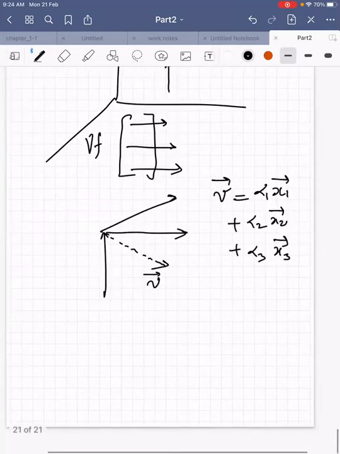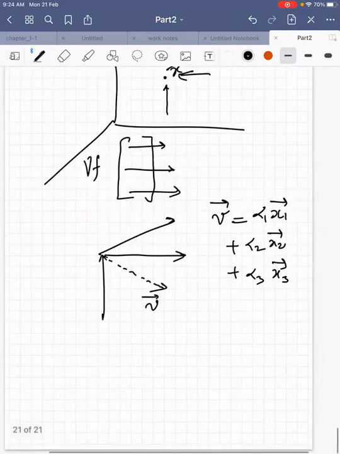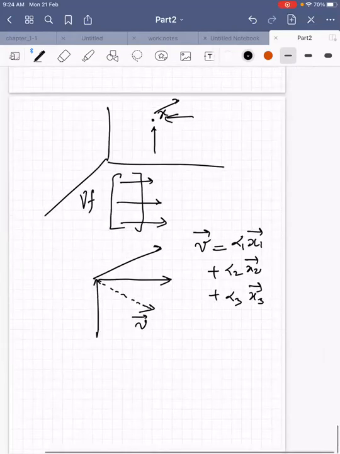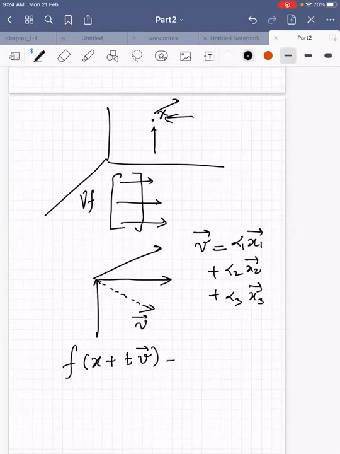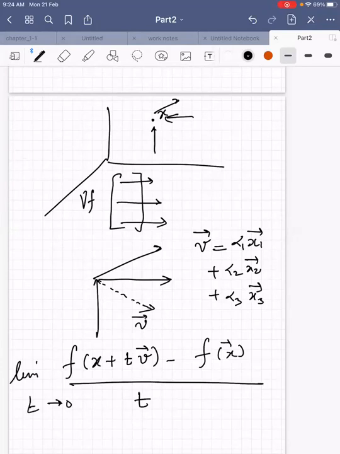Which means this is what I want to calculate: the limit as t tends to 0 of f of x plus tv, minus f of x, over t. This is the meaning of directional derivative in the direction v, right?